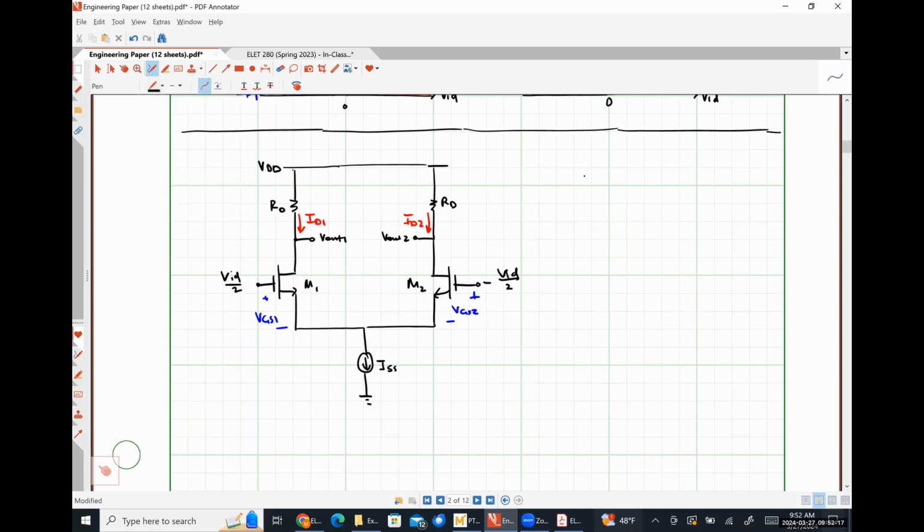And much like we did on Monday, our goal is to figure out what our differential output voltage is as a function of our differential input voltage. And we're also going to wind up figuring out what the change in our drain current is as a function of our differential input voltage.